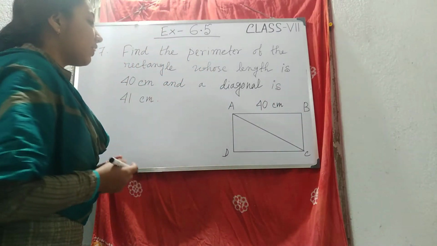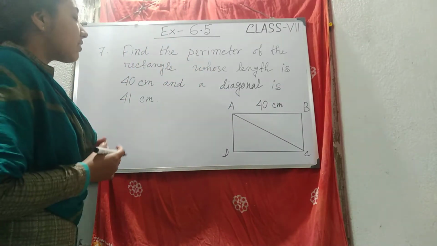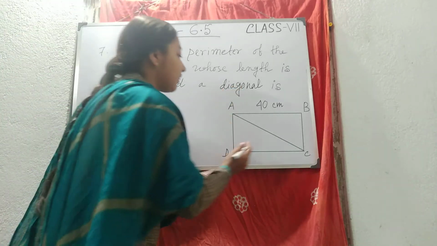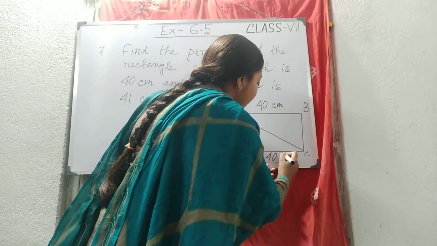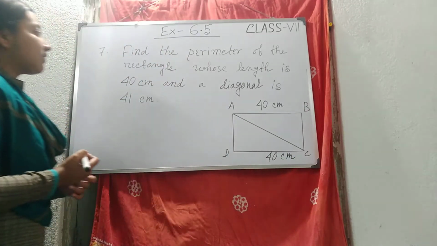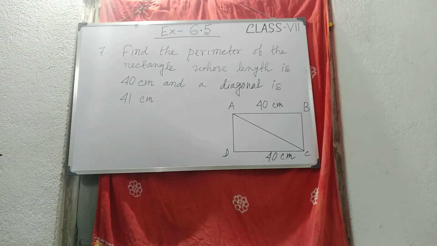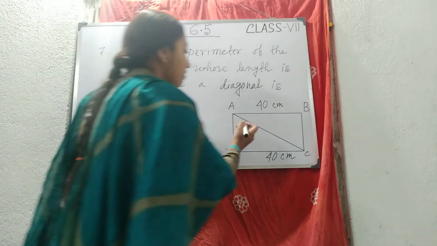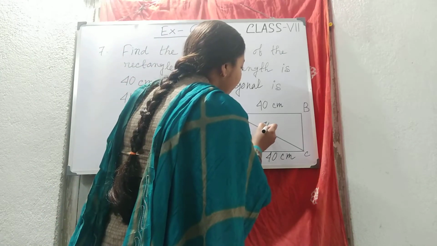For a rectangle opposite sides are equal, we know. AB and DC both are 40 cm, and our diagonal is 41 cm. So suppose AC is also 41 cm.